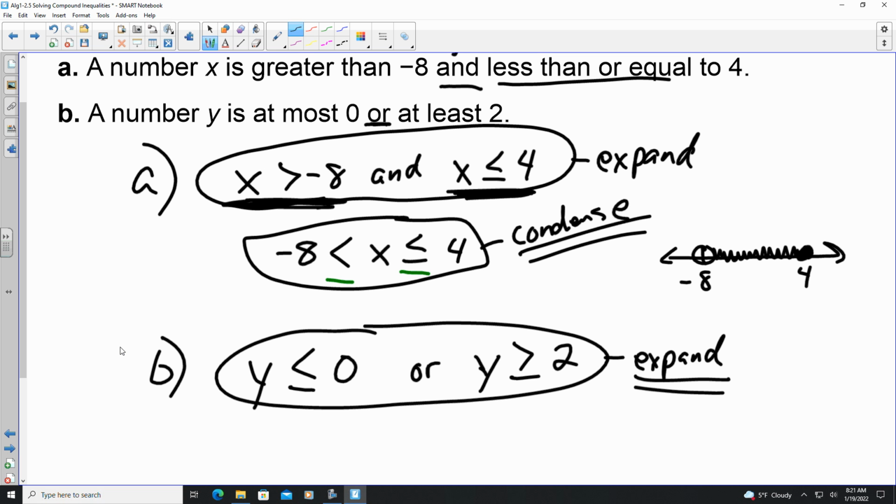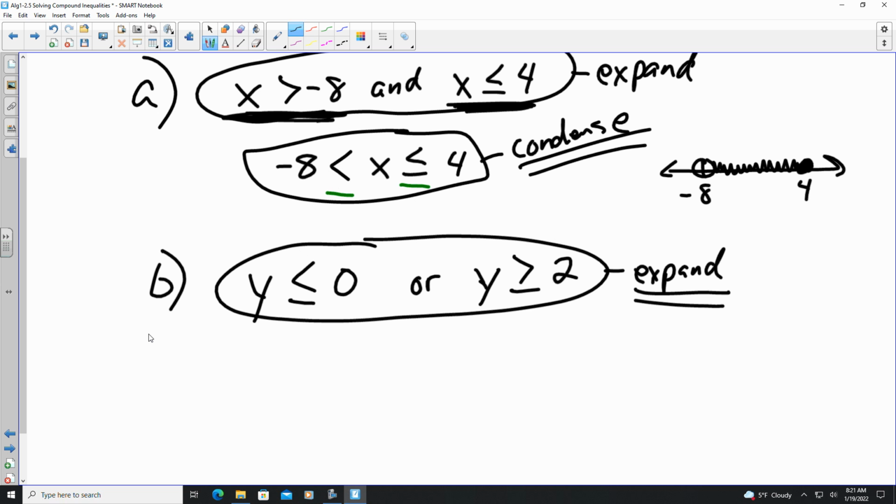You rarely see it in condensed form, but I'm going to show you what it looks like in condensed form, and you can kind of tell what it looks like with respect to an and statement like we did in example A. So again, you're going to put y, the variable, in the middle, between 0 and 2. 0 is the smaller number, 2 is the larger number. And the same thing we did with example A, you're still just going to point the inequality towards what each particular situation was given to you.